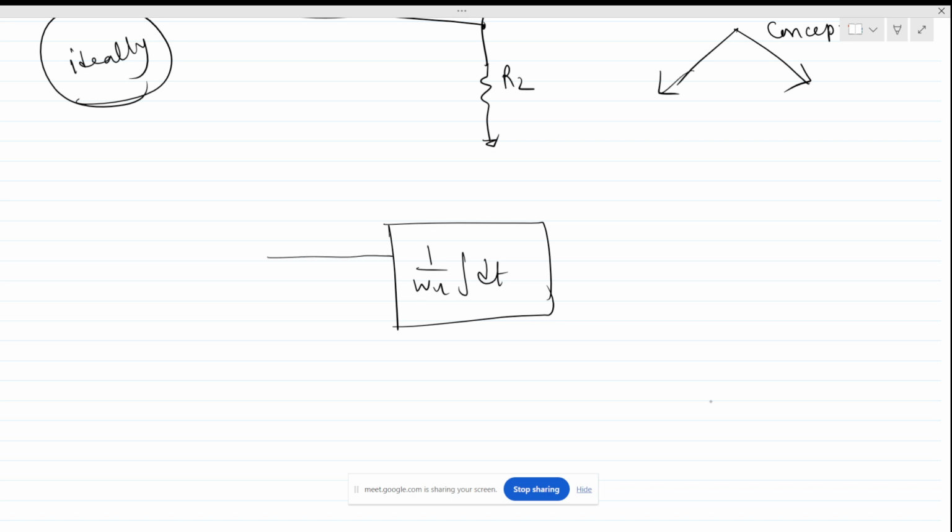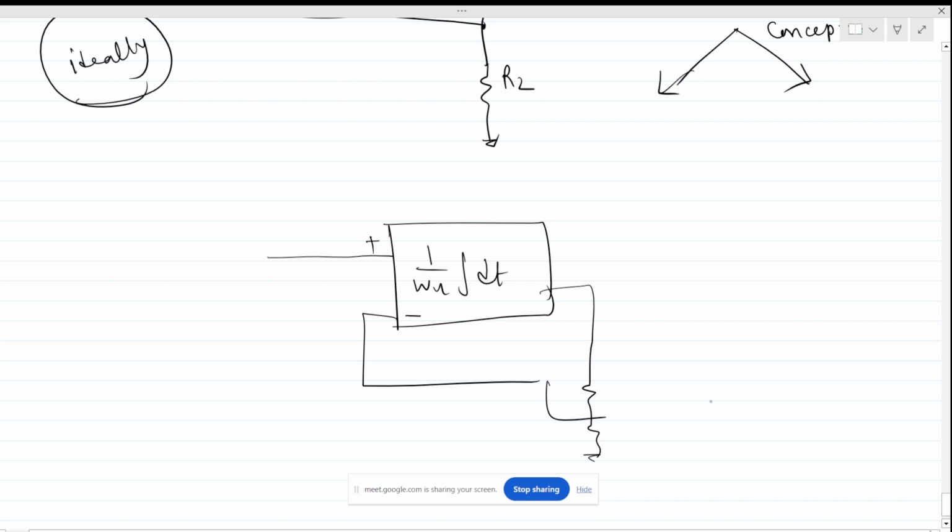Let's say this is the plus terminal and this is the minus terminal. So roughly this will look like this. Basically the op amp is an integrator.